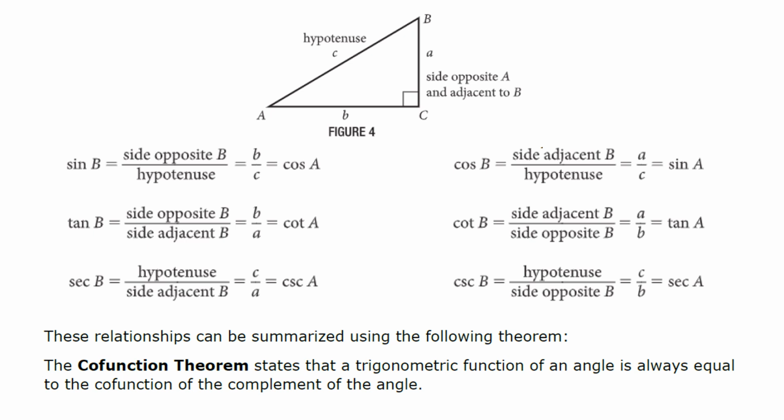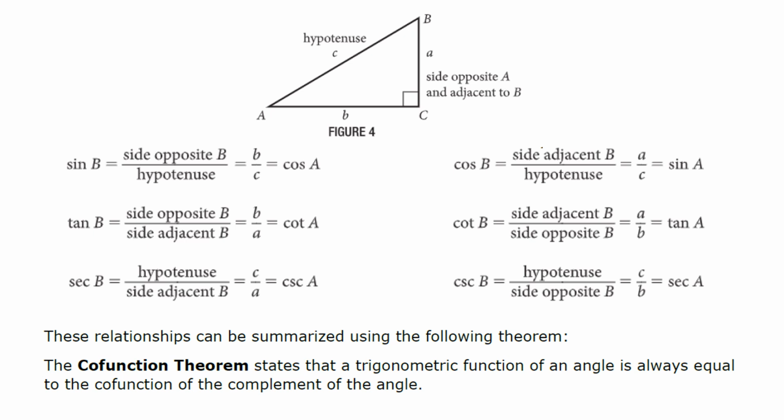Now the side opposite B is lowercase b, over the hypotenuse c, which is equal to the cosine of A. Well, the cosine of A, although not shown here, is the side adjacent to A over the hypotenuse. Well, the side adjacent to A is also the same side that's opposite B, over the hypotenuse. So that would be b over c.